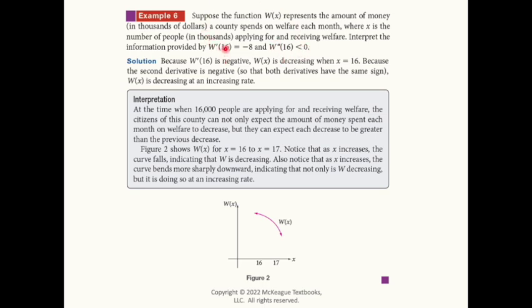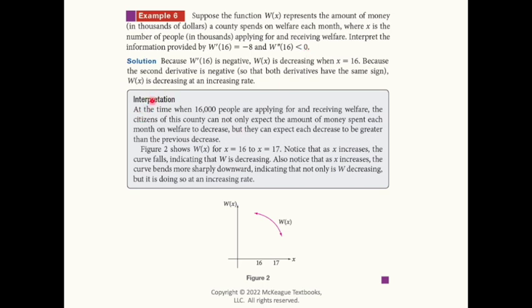So this means that when the number of people that are applying and receiving welfare is 16,000, because it's in thousands, the change is going to be -8, and the second derivative is the change of the change. That's negative.